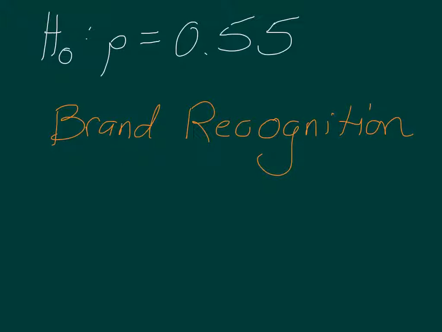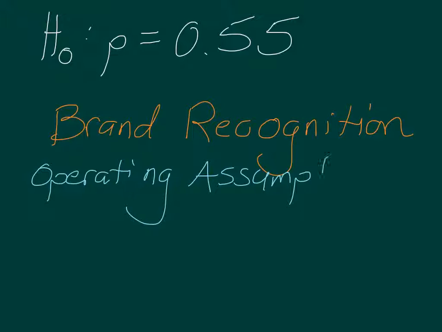Okay, we're talking about brand recognition. Well, H naught being such that P is equal to 0.55, the assumption is, so this is our operating assumption, that 55% of whatever the population under consideration is recognizes the brand.